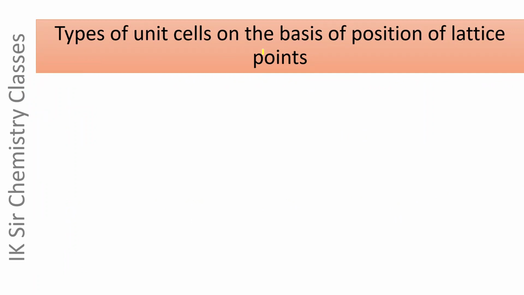Types of unit cells on the basis of positions of lattice points. Depending upon the positions in the unit cell which are occupied by particles, unit cells are of various types.